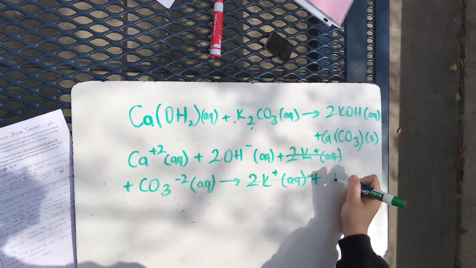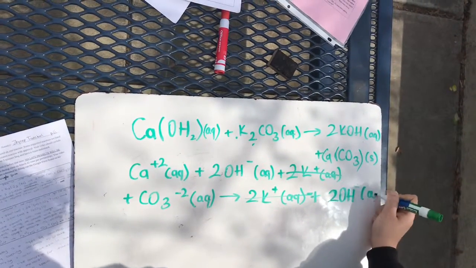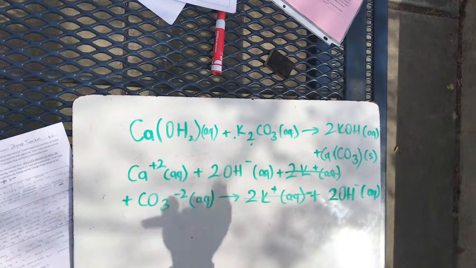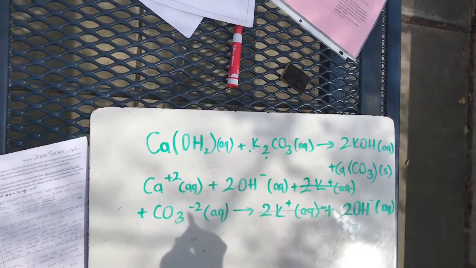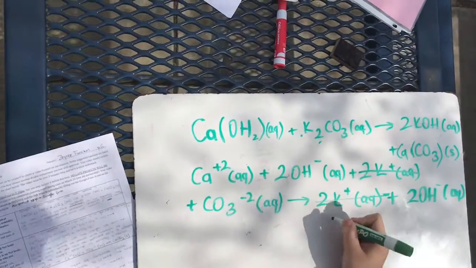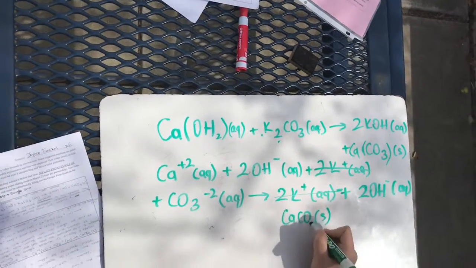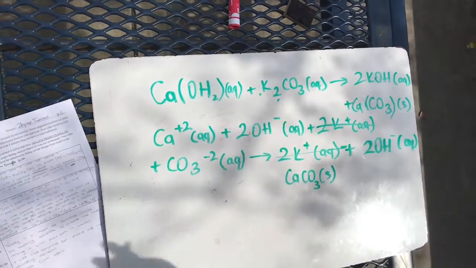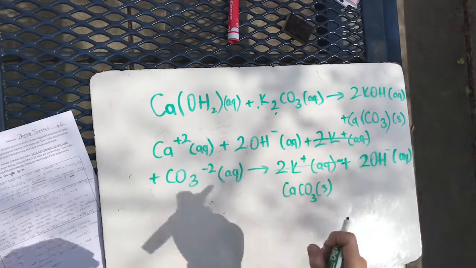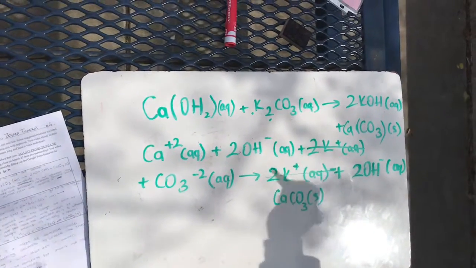And 2OH minus aqueous, and then our solid, we don't touch our solid because it's already in neutral form, and we don't have to write charges because it's in neutral form. So solid through there.